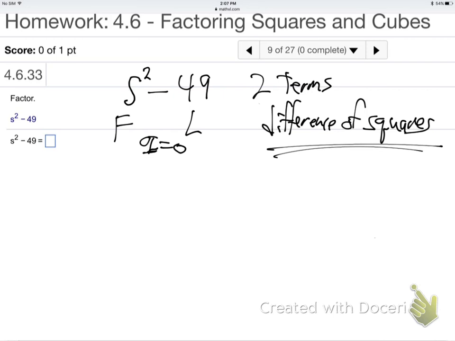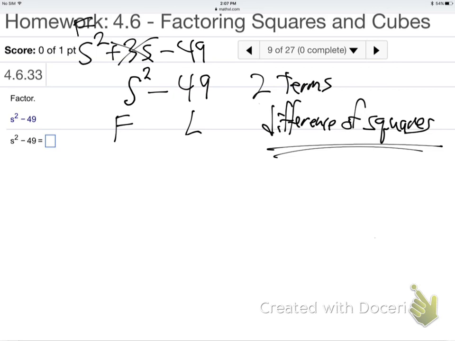Normally, wouldn't you have S squared and then something in the middle, like 3S, and then minus 49? Well, that middle part is just 0 for us. Normally you have an S squared term, a regular S, and then a number. Well, we just have the S squared and the number. So we're missing the middle, and that's where the OI is.